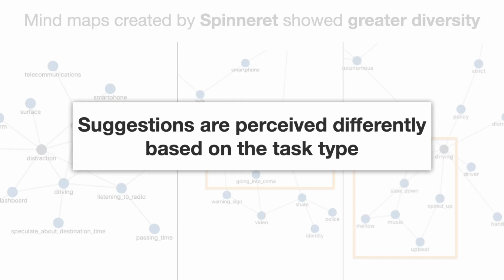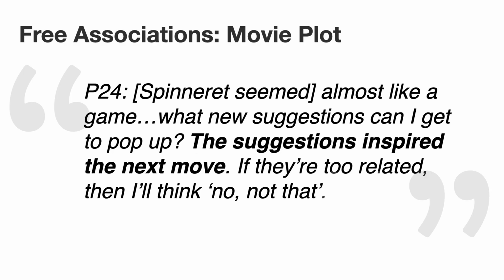But despite the greater diversity of concepts in the mind maps generated with Spinneret, upon qualitative analysis, we found suggestions are perceived differently depending on the task type. For instance, P24 used Spinneret for the unconstrained task, and at the end of the study, they expressed Spinneret felt like a game. The suggestions inspired the next move, where if the suggestions were too related, they were not interested.